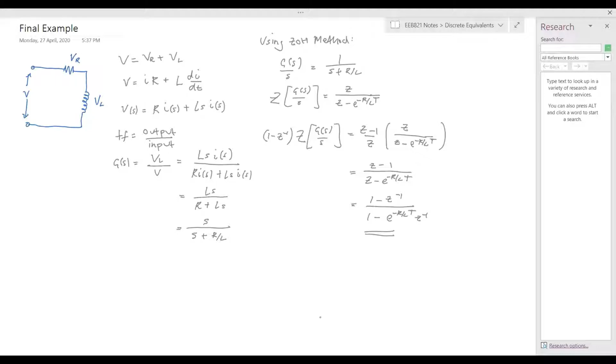Now if you want to convert this filter into a transfer function form, a transfer function is equal to output over input.